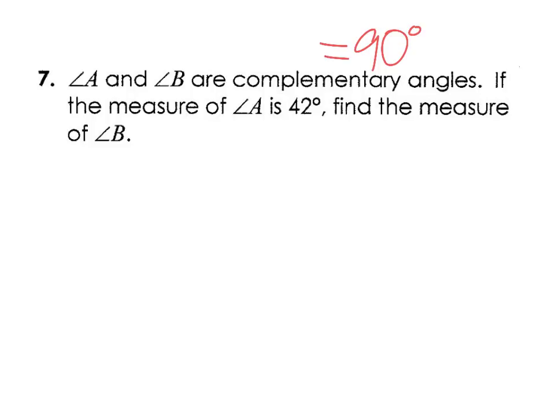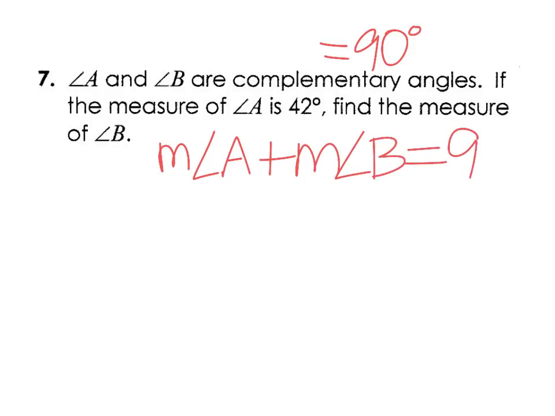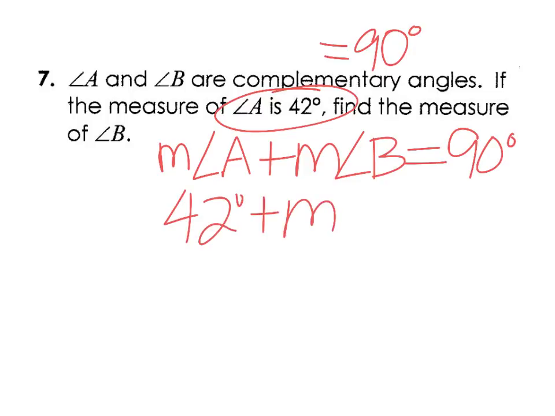So we know that the sum of complementary angles is 90 degrees. So the measure of angle A plus the measure of angle B equals 90 degrees. Now we know that the measure of angle A is 42 degrees, so we can substitute that in for the measure of angle A. Then we can just solve for the measure of angle B like an algebraic equation.